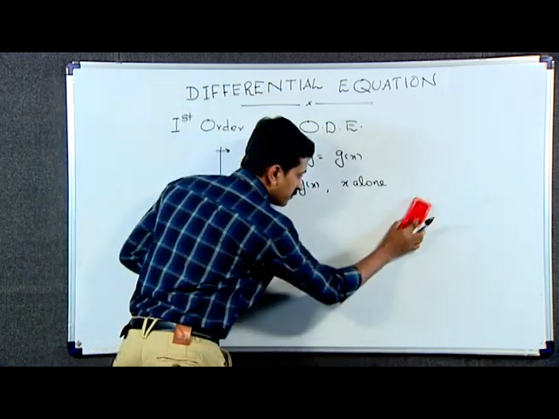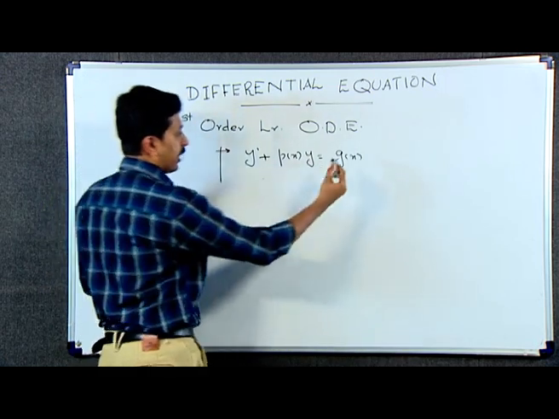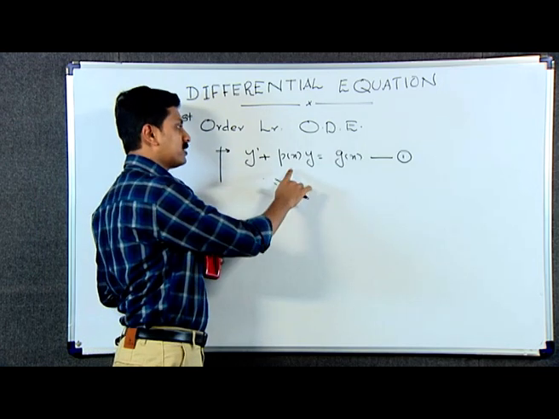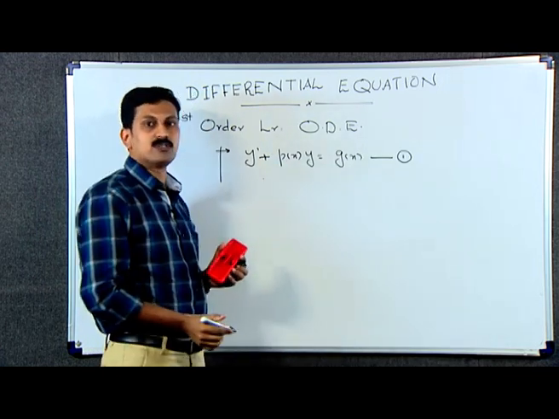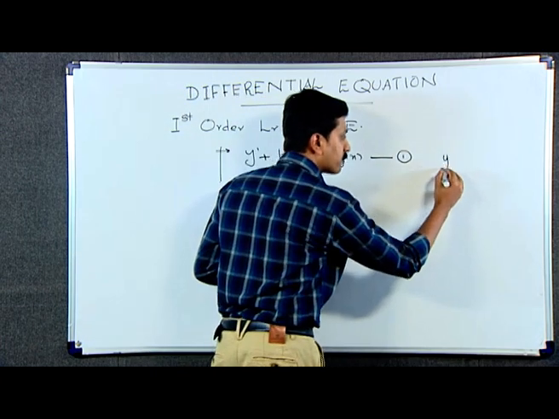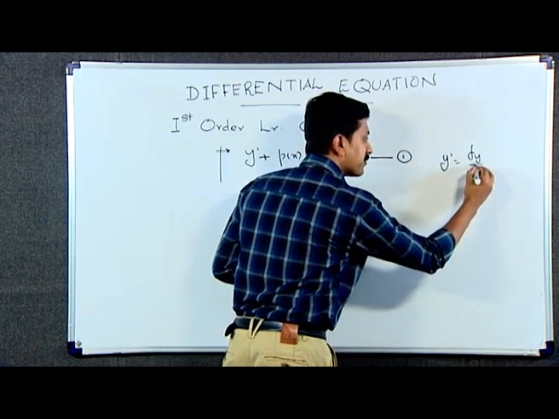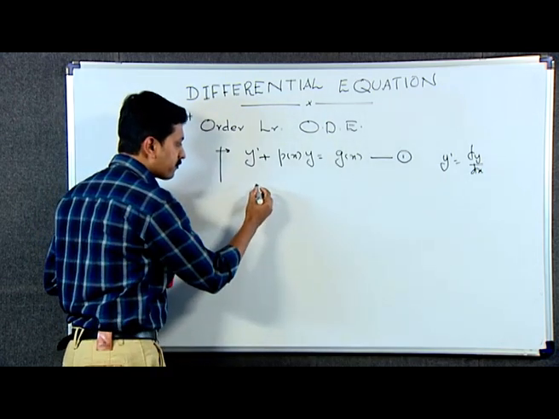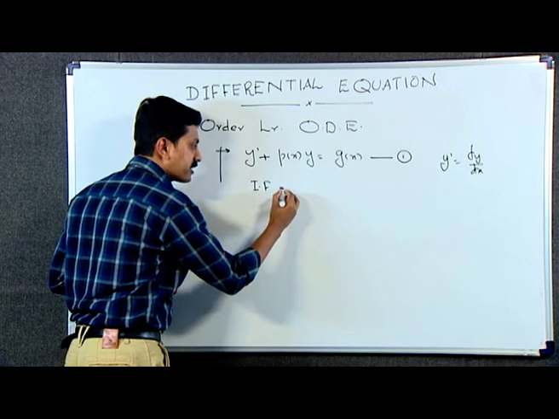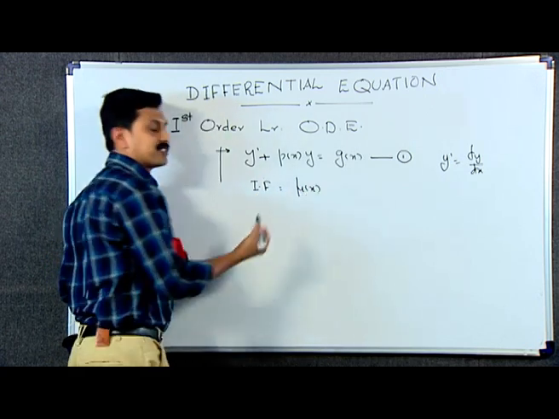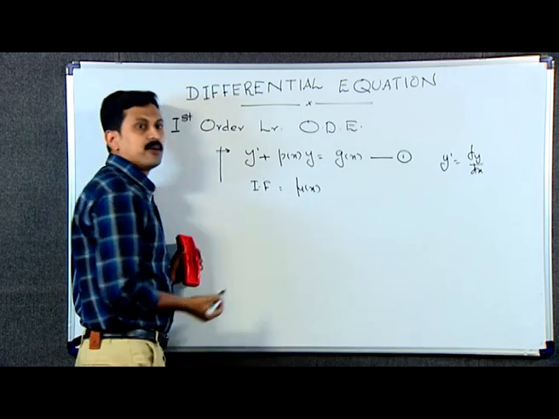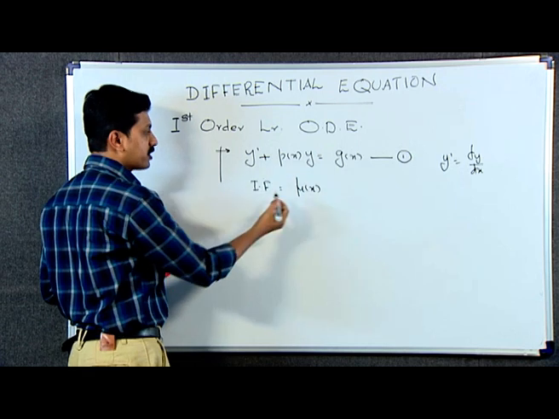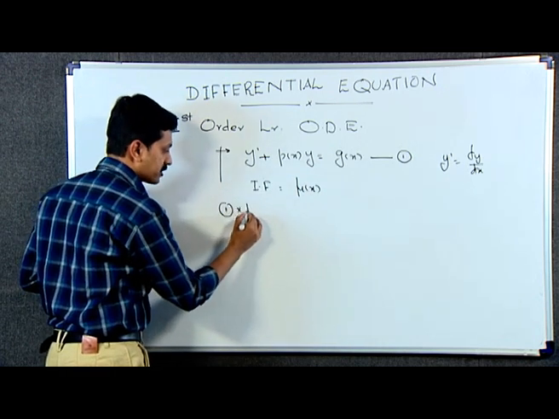Generally, we have, denoting this as equation number 1, y' + p(x) y = g(x), where y' stands for dy/dx. We have to find the integrating factor as a function of x. I am denoting that as mu of x, and I would like to multiply equation 1 with mu of x.